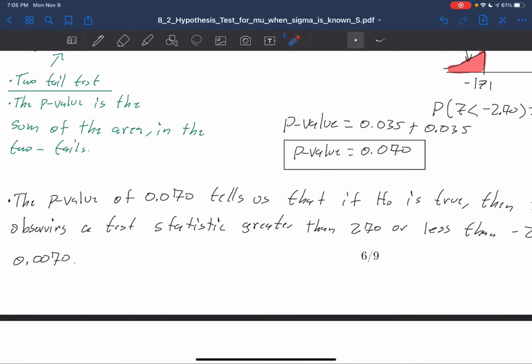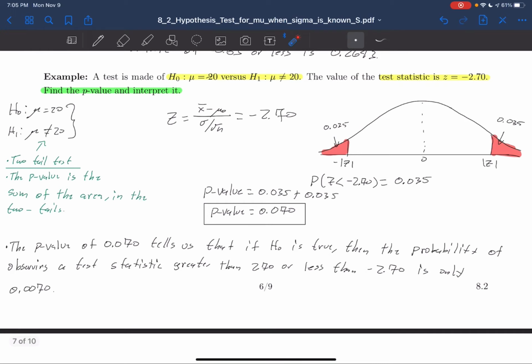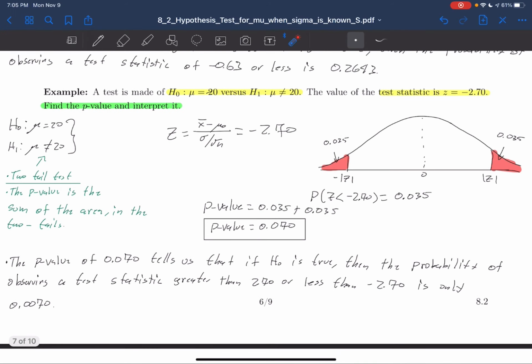And notice that this probability is really small, and that kind of gives us a hint that it tells us something about our null hypothesis. And again, we're going to get into that in the later notes.